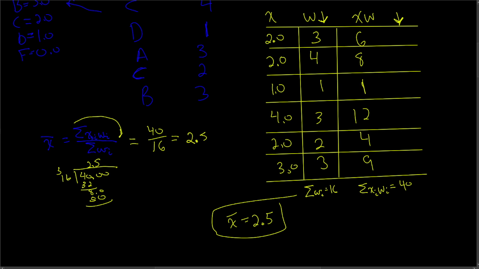I do weighted averages with the homeworks in a lot of classes. Some homeworks have a different weight than exams in some classes. And it's the same idea. The weight times the value gives me a measure of the overall effect of that category. And then the total of the weights is what I need to divide by.